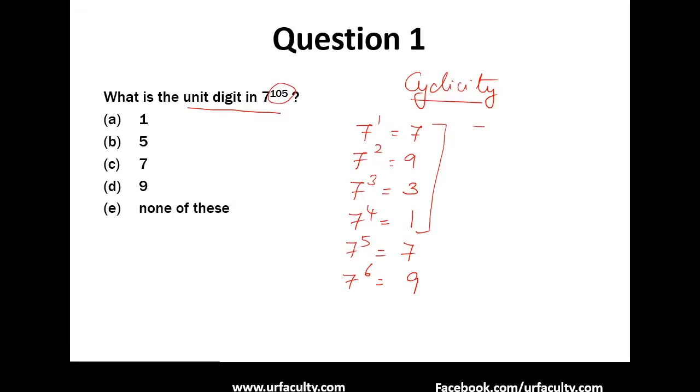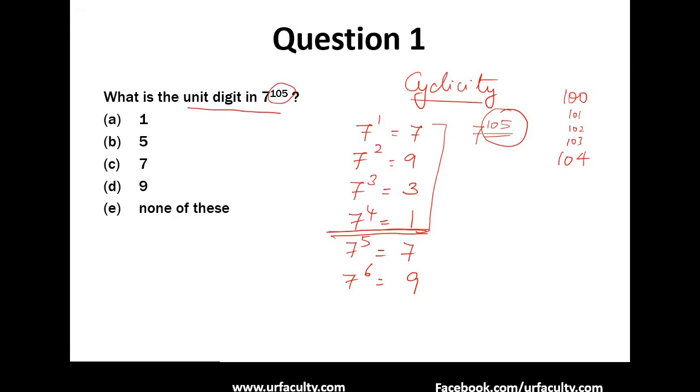So if we look at 7 to the power of 105, how do we know where this portion is, so that we can understand the unit digit? By dividing 105 by 4. We know that 100 is a multiple of 4. After that 101, 102, 103, and 104 is a multiple of 4.